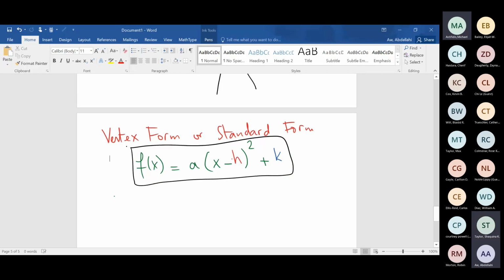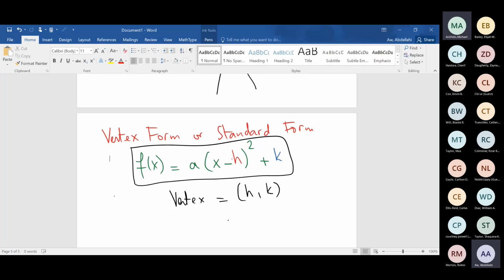When you have this, what is the vertex? The vertex is the point (h, k). Why do we call it the vertex form? Because when you see this form, you can read exactly what the vertex is: (h, k).